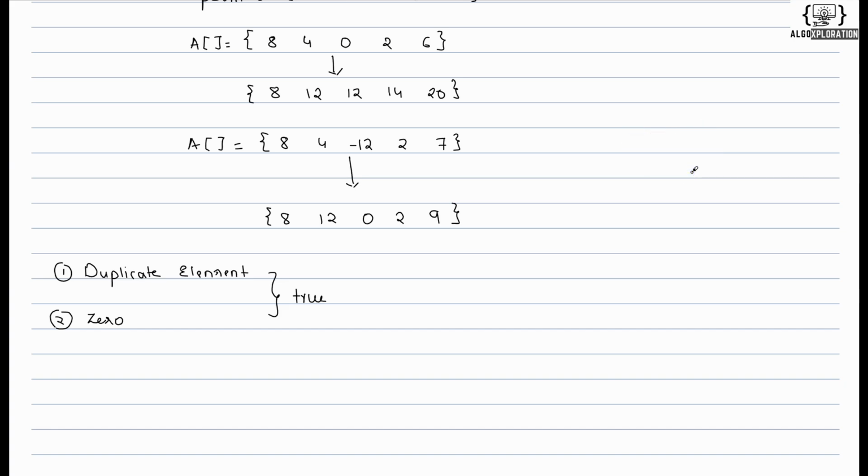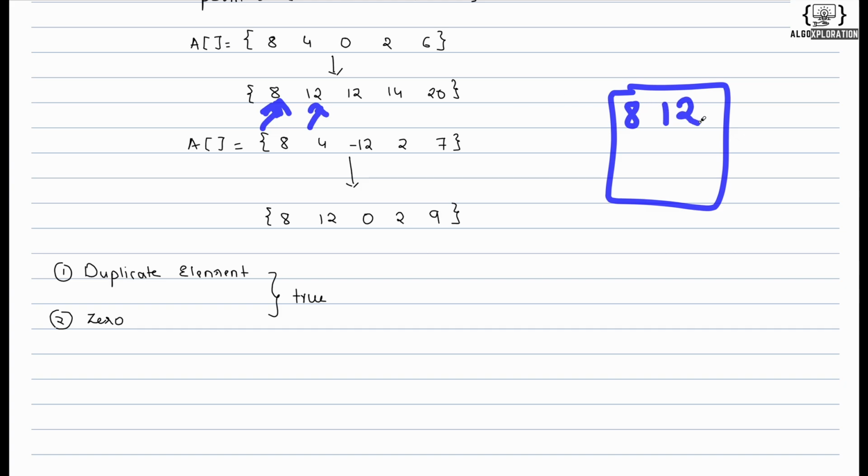Now to optimize this, we need to have some storage. While we start storing, let's say if we store 8, then we will be storing 12, and when we store 12 again, we will get to know that 12 is already present, so we can simply stop there and just return true, right?